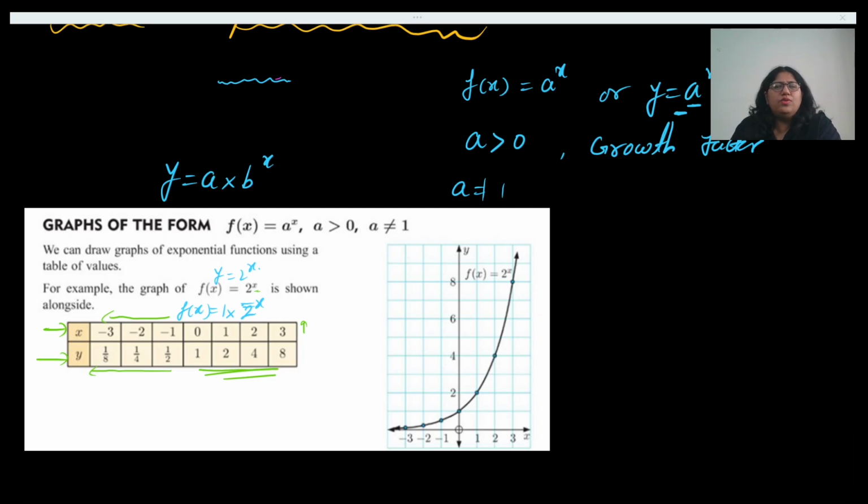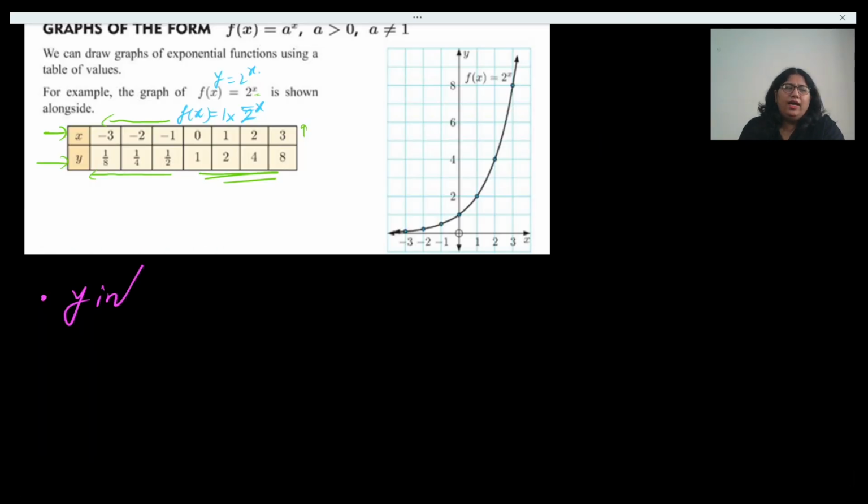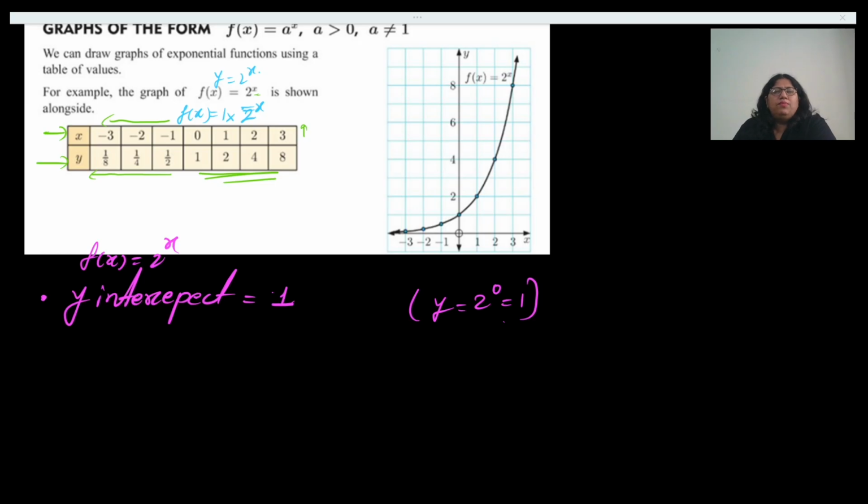So what observations do you see here? Y-intercept: in this case, because my function is f of x is equal to 2 to the power x, what is going to be your y-intercept? It is 1, because y is equal to 2 to the power 0, which is 1. So your y-intercept is 1.